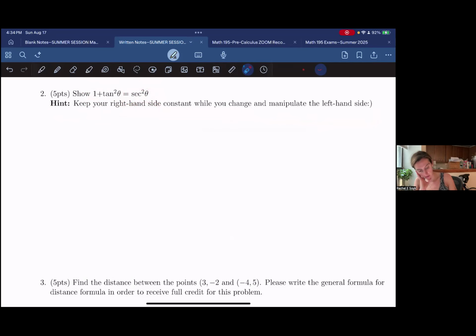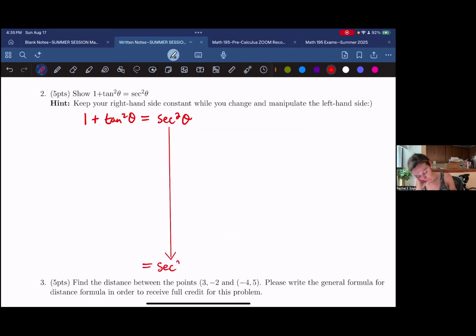All right, let's do it. So I'm going to actually write it down again over here. We have 1 plus tan squared theta is equal to secant squared theta. And because we are not messing with that right-hand side, I am actually going to bring that guy down all the way to the bottom. Okay.